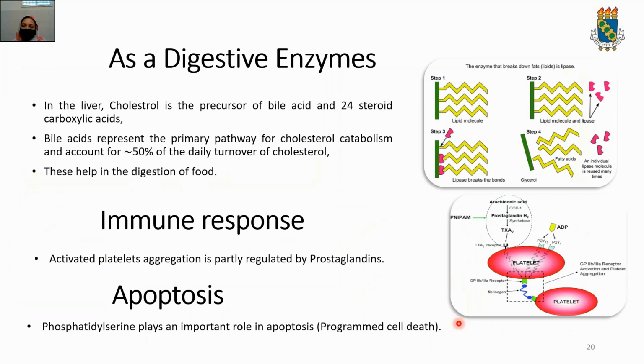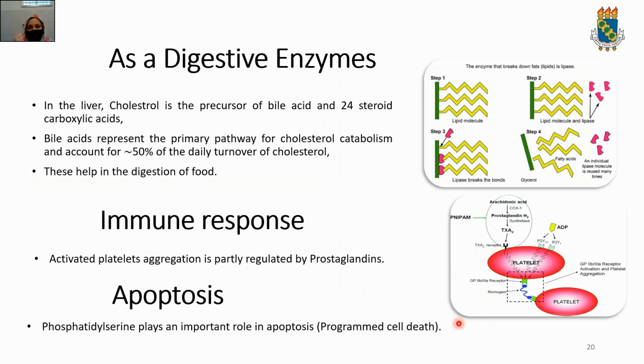Some other roles are as digestive enzymes. As we know, in the liver, cholesterol is the precursor of bile acid and some other different carboxylic acids, and the function of the bile acid is that it acts as a digestive surfactant and it promotes the absorption of the lipids.